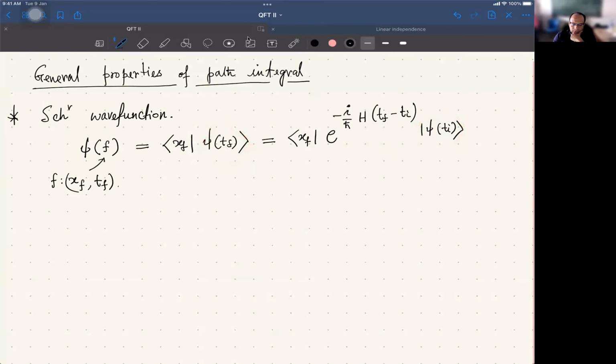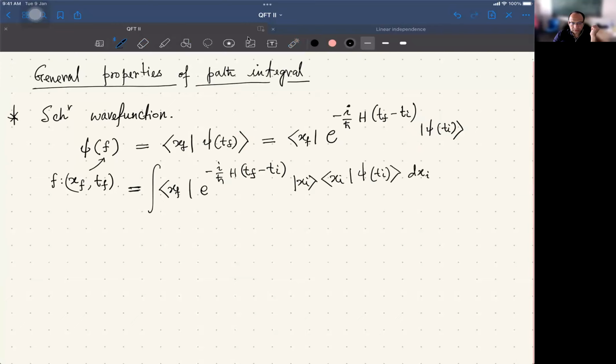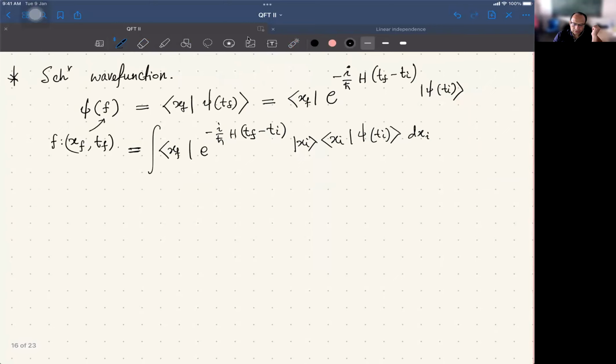And now you insert an identity, a completeness, right here, to write it as x_f e to the power minus i by h bar H (t_f minus t_i) x_i psi t_i, integral of dx_i. So x_i is the initial position, and this object is nothing but the matrix element that we have been discussing.